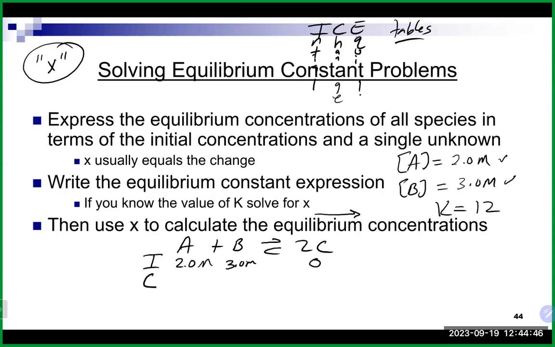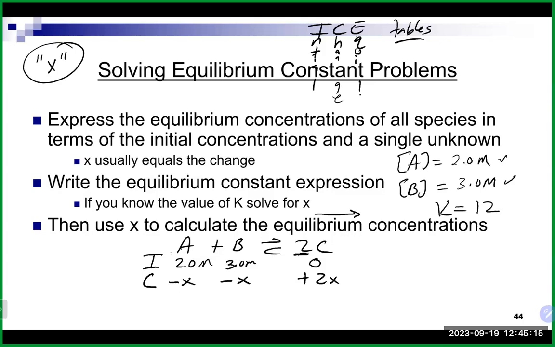And we represent decreasing and increasing in terms of the change as minuses and pluses. So on our reactant side, where we would assume that they should be decreasing, this would be minus x, this would be minus x. And on our product side, this would actually be plus 2x. Now you can see I put a 2 there, and that is because there is a 2 here, right?